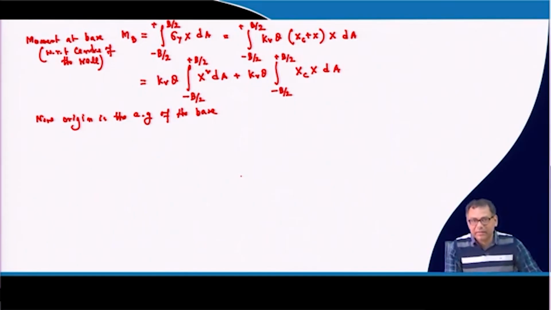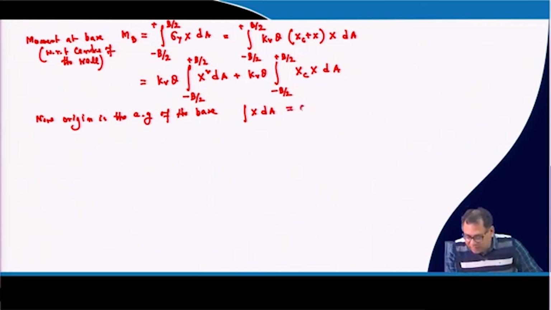So I can write that the integration of x dA, because your origin is at the CG of the base, is 0. If I take the total area into x, this will be 0. So, x dA will be equal to 0.